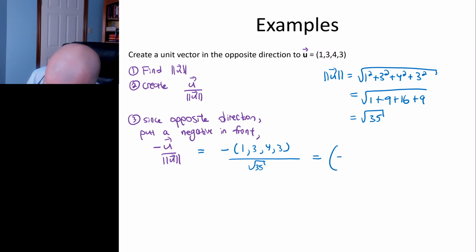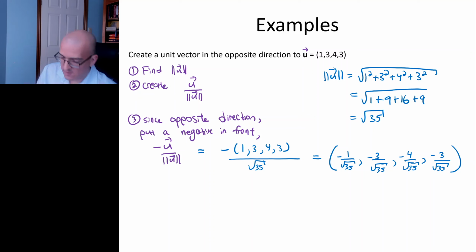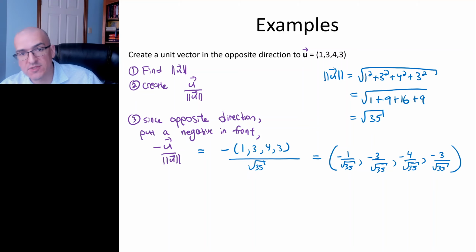So we get minus 1 over the square root of 35, comma, minus 3 over the square root of 35, comma, minus 4 over the square root of 35, comma, minus 3 over the square root of 35. That's your answer. So it is a unit vector. It has a length of 1, and it is in the opposite direction of the original vector.